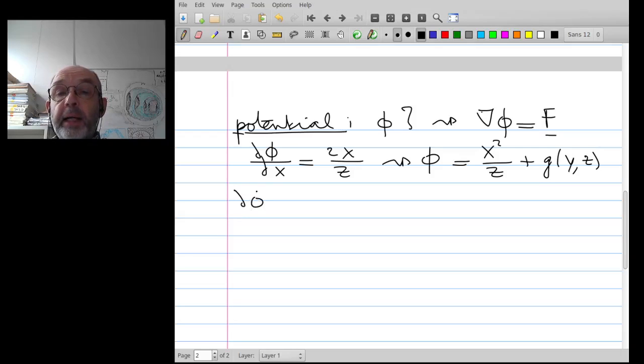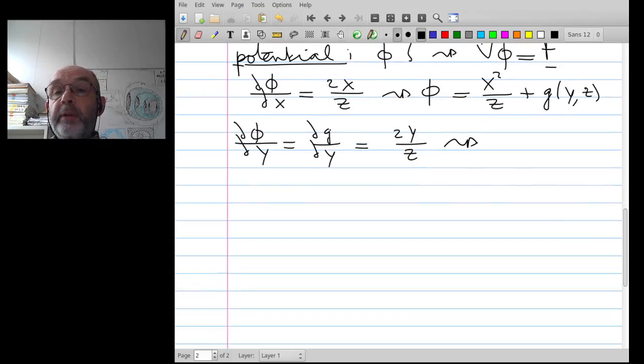Now I calculate the partial derivative with respect to y, and that gives you the partial derivative of g with respect to y, and that has to be equal to the second component of your vector field. Here we see that g, the function which depends on y and z, has to be equal to y squared divided by z, and then we have to add some function which only depends on z.